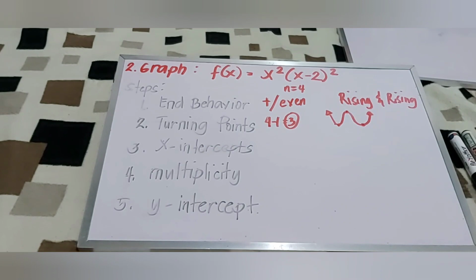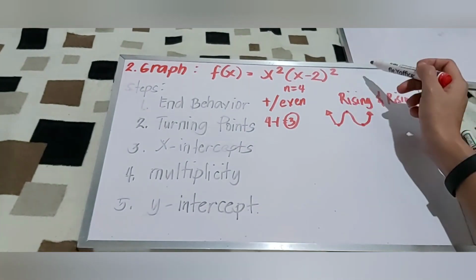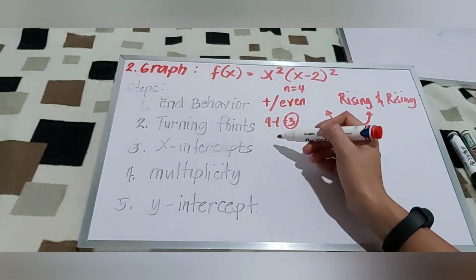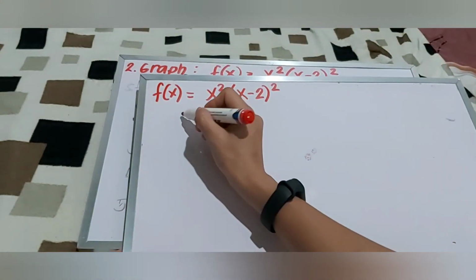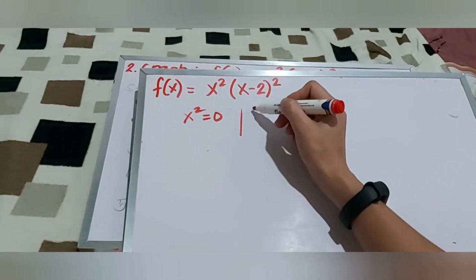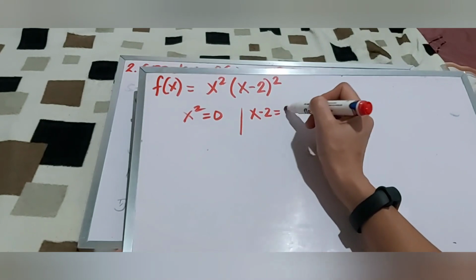Now, for the x-intercepts, we have here x squared times x minus 2 squared. So, naka-factored form na siya. So, from x squared, equal natin siya sa 0. Then, dito, x minus 2 equal to 0.